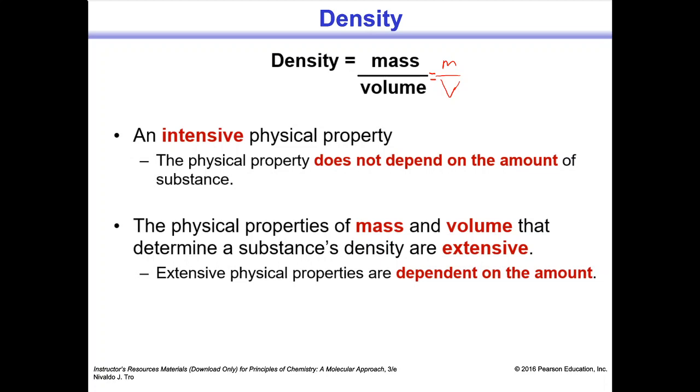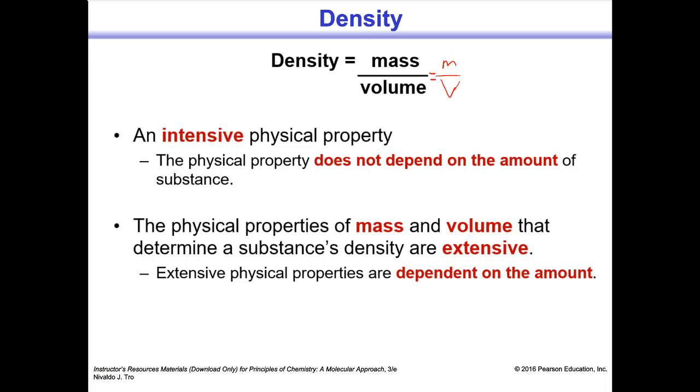The physical properties of mass and volume that determine a substance's density are extensive, meaning that they are dependent on the amount. Excuse me, I said that backwards. Extensive properties are dependent on the amount. In other words, if I have a whole lot of water, that's going to have more mass than if I have a little bit of water.